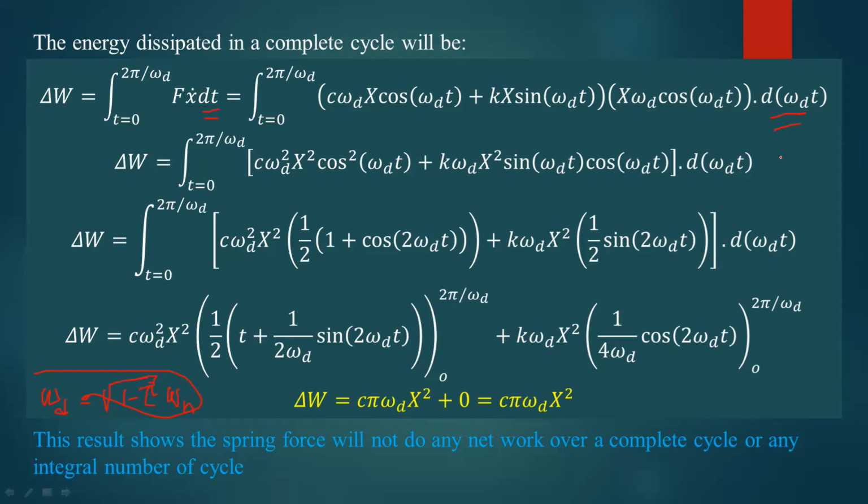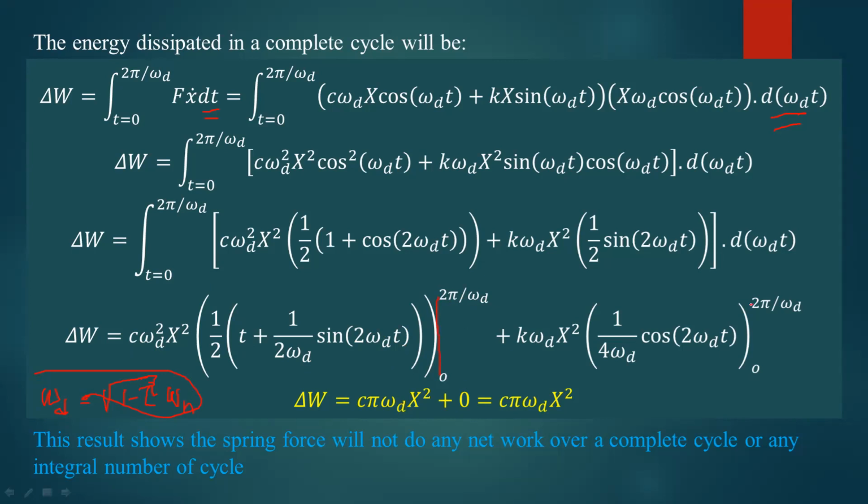Now I'm changing all the time derivatives to frequency derivatives. After some simple trigonometric relations, finally we get delta W equals C omega_d squared X squared times [1/2 t plus 1/(4 omega_d) sine 2 omega_d t], with the limit of omega_d t from 0 to 2 pi.